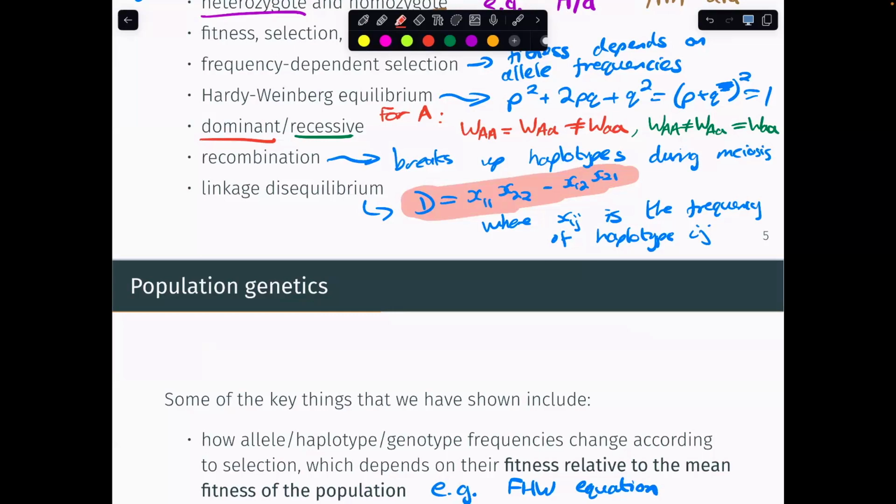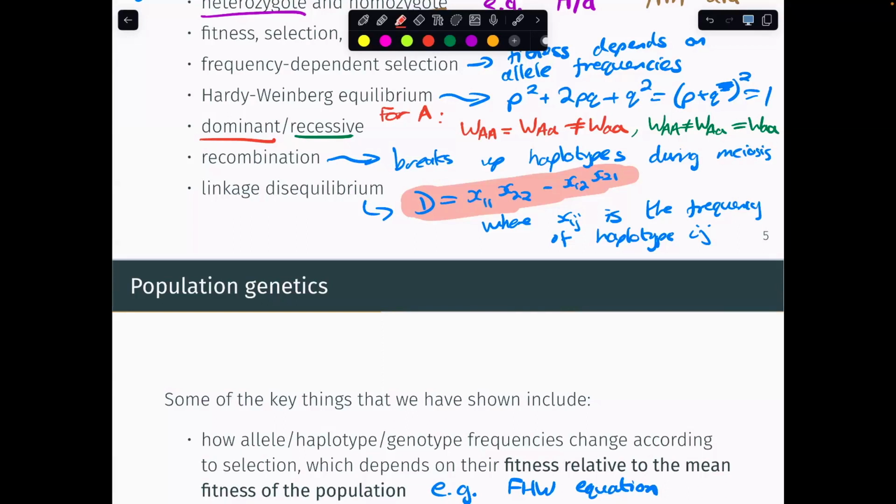Why might it be positive? Well, if it's defined like this, that's basically saying that these haplotypes A1B1 and A2B2, the product of those haplotypes, are essentially more common than the other versions, A1B2 and A2B1. So that's why it might be positive.